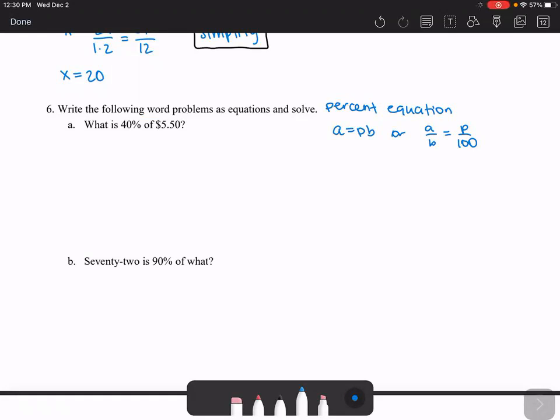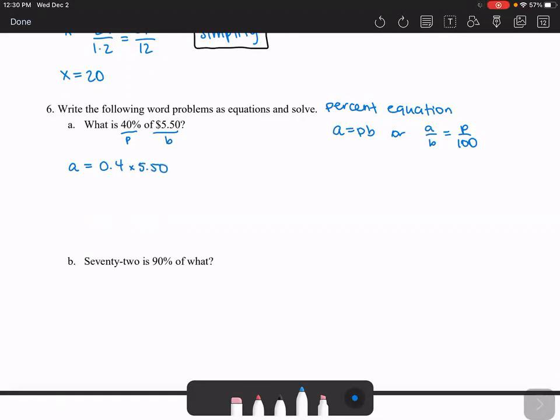So the first one is, what is 40% of $5.50? We're looking for a part here because we have our percent and we have our whole. So I'm just going to use the first form of the equation that says our part is the percent times the whole. Remember, in this equation, A equals PB, we're going to write our percent as a decimal.